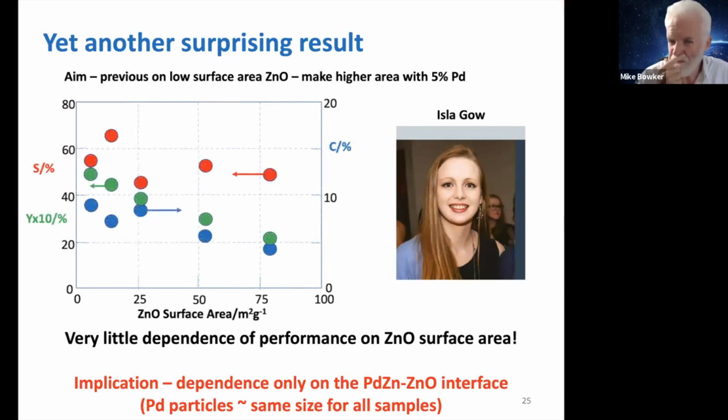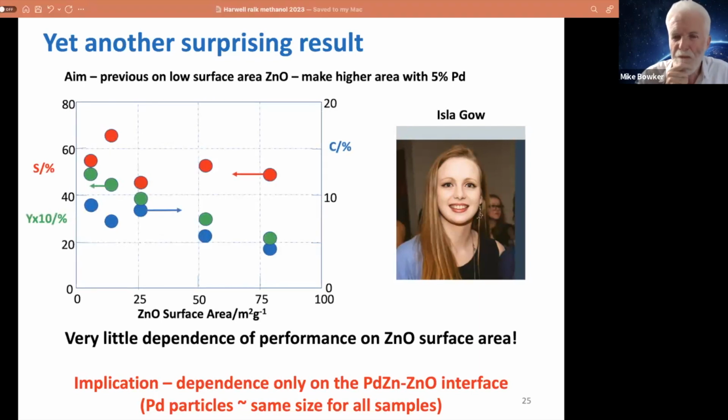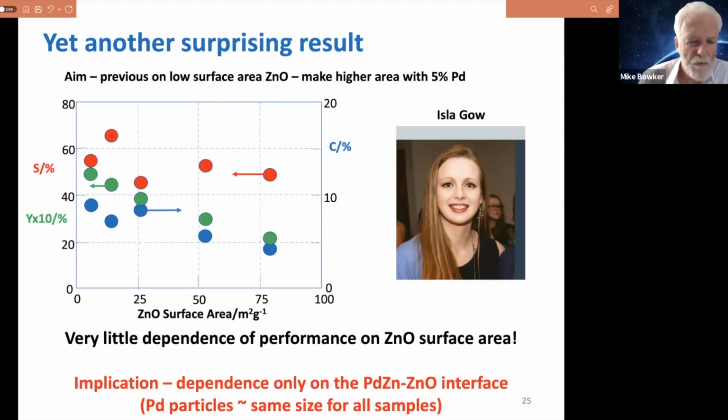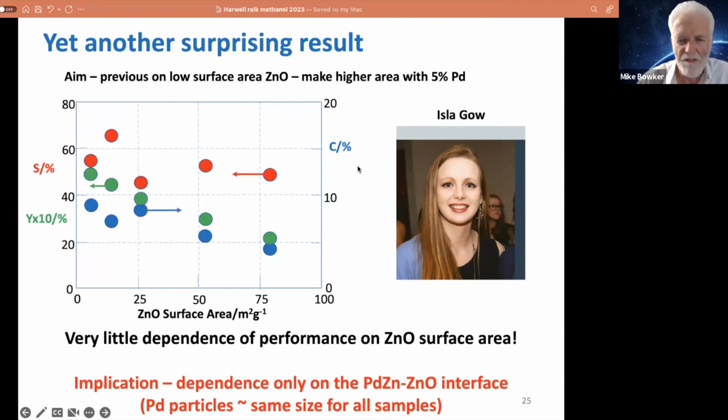But that turns out not to be the case. This is all loaded with 5% palladium. These are mostly made by CVI methods to deposit the palladium. And here we see the red circles are selectivity to methanol. The blue circles are conversion on the right curve, and the green is yield.